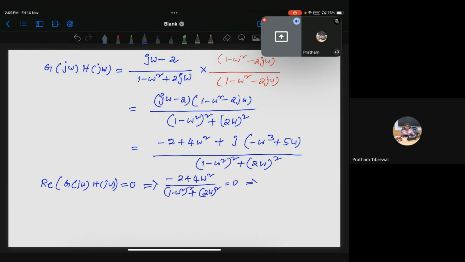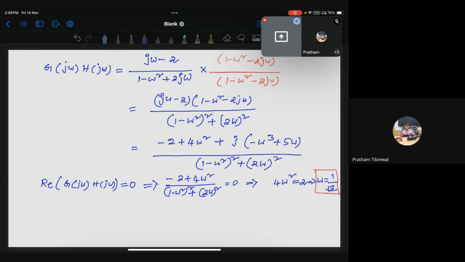If you equate it to 0, the denominator goes to the other side, that becomes 0. So you will get 4ω² = 2, so ω becomes 1 by root 2. Is this clear? That is one part.